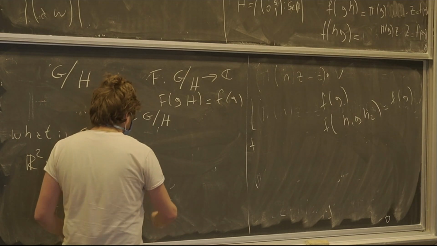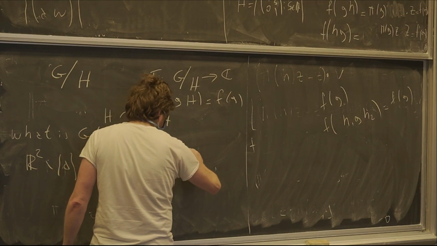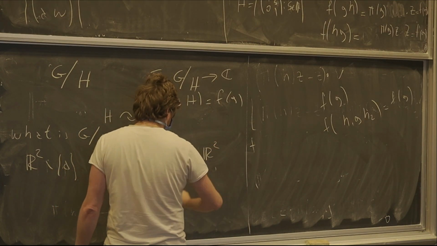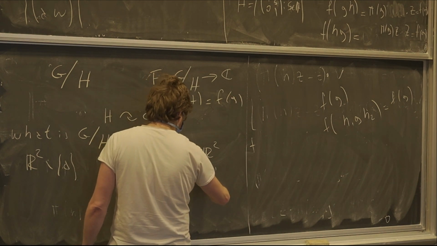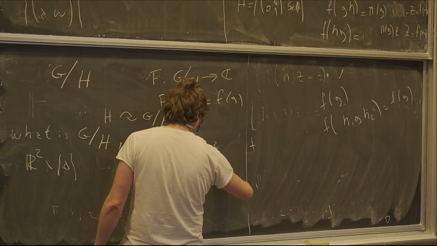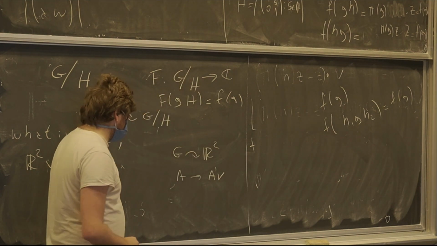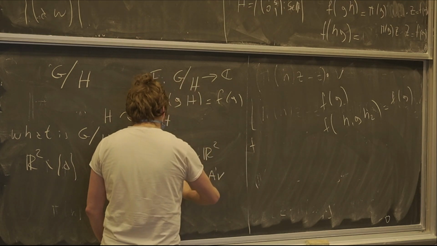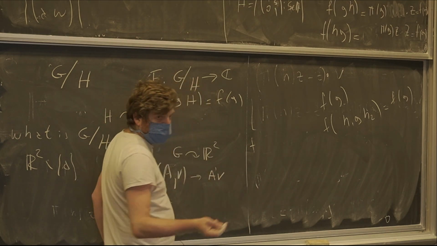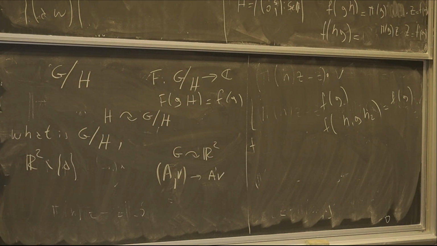So you look at G acting on R2 in the obvious way: A maps (a, b) to A times (a, b). That's the natural action of A there.